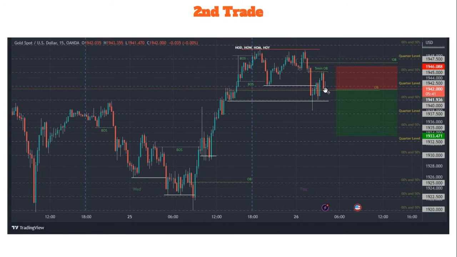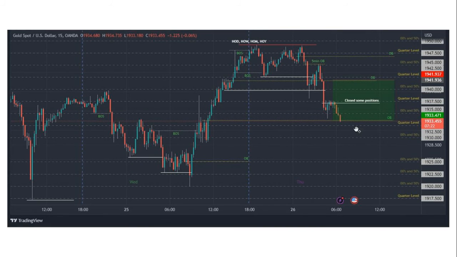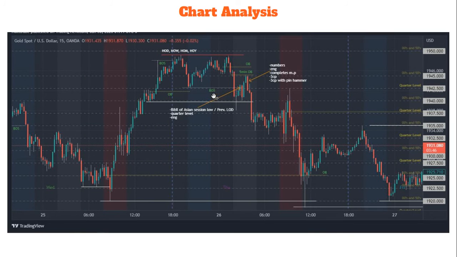I took sells here, took partials, and price eventually reached take profit. Now these are the confirmation items that I was looking at. First of all, we have price breaking below this level to retest it back again. So that's a break and retest. And then we have a bearish engulfing candle at a quarter level. That's three confirmations.